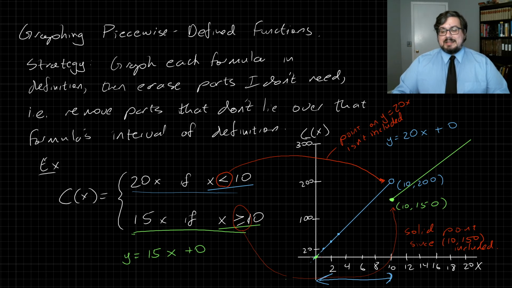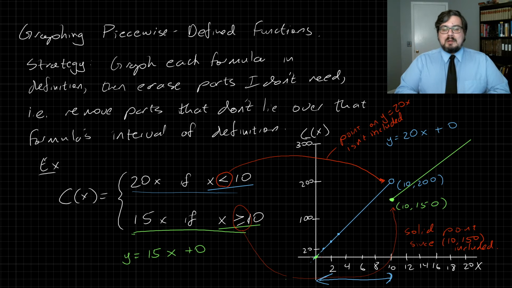Whereas the point 10 comma 150 tells you the actual price of buying 10 costumes, given that there is the discount. That vertical jump of 50 represents the $50 that you save by using the discount when purchasing 10 costumes, instantly as you switch over from one cost regime to another.